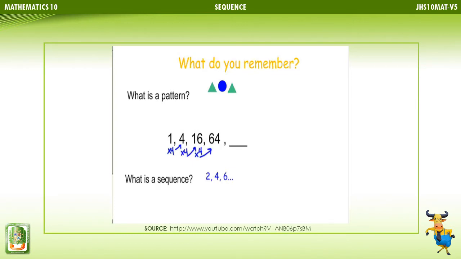So I tapped it into my calculator and I've got 64 times 4, 256. And if I want to find the next number in that pattern, I will do 256 times 4, which is 1024. And I could continue on my pattern that way.